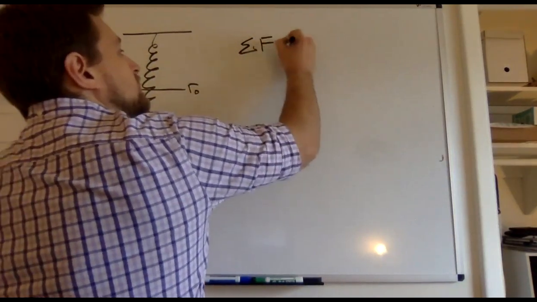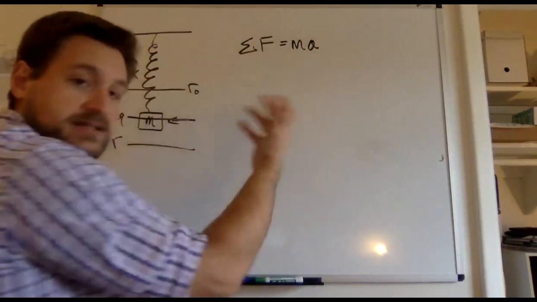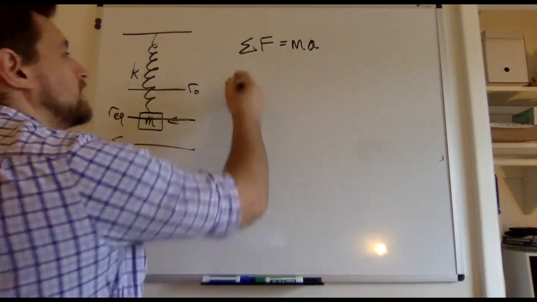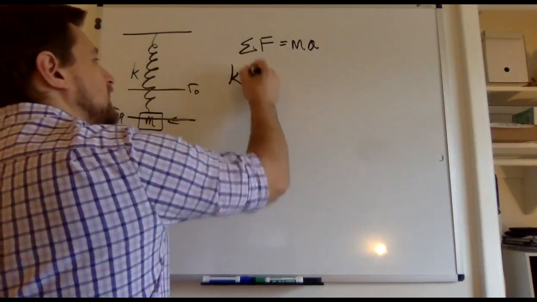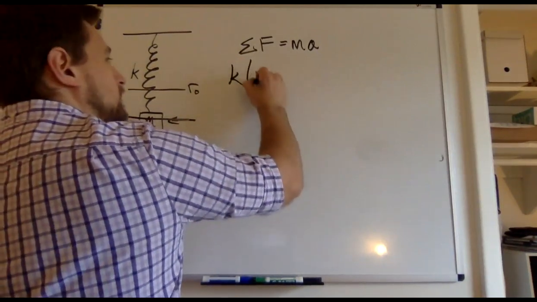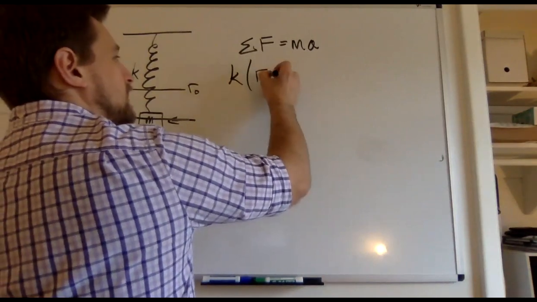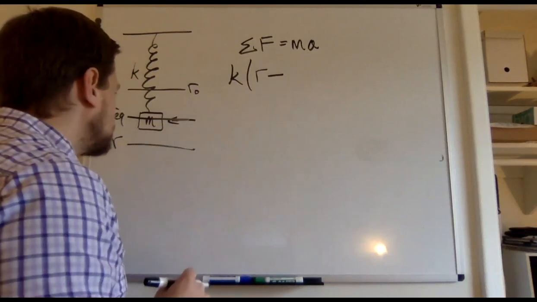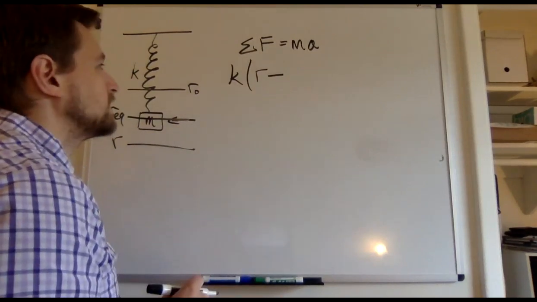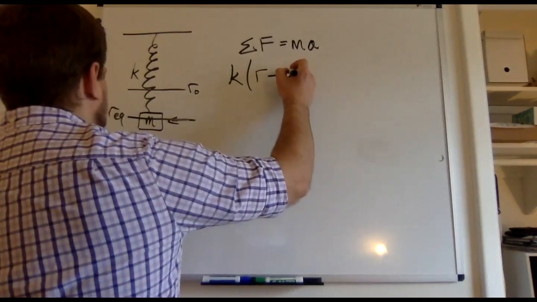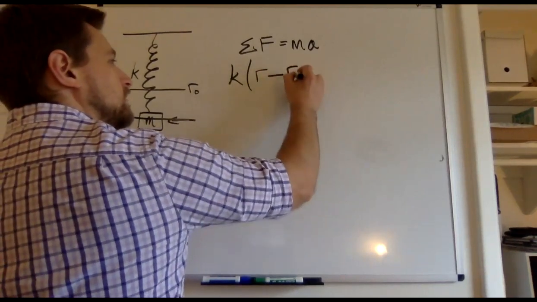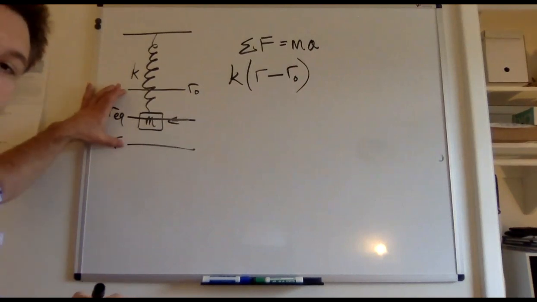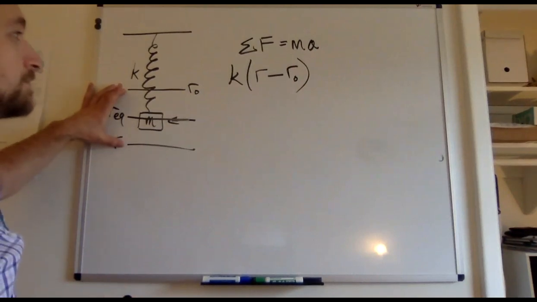The sum of the forces should be the mass times the acceleration. Now, the sum of the forces, all right, we've got the spring, k, our new place, minus the initial length, right? Because that's how far we're stretched from original equilibrium.